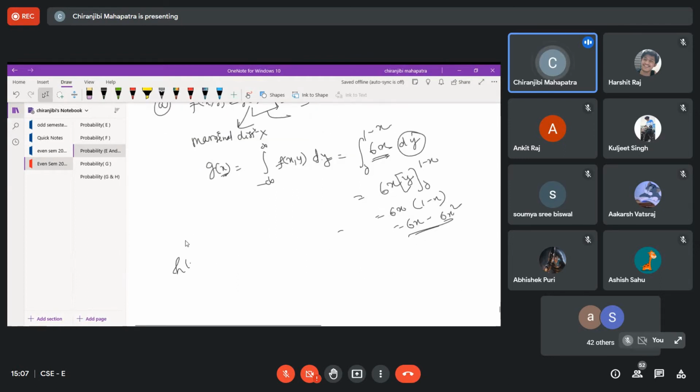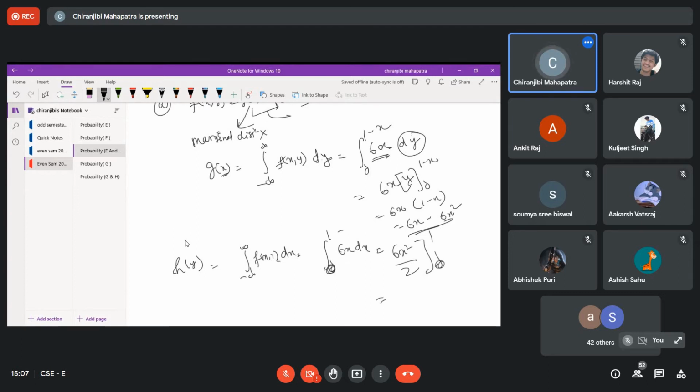Then what will h of y be? It is the integral from minus infinity to infinity of f of x, y into dx. So this will be the integration from 0 to 1 of 6x dx, which equals 6x square by 2 from 0 to 1.